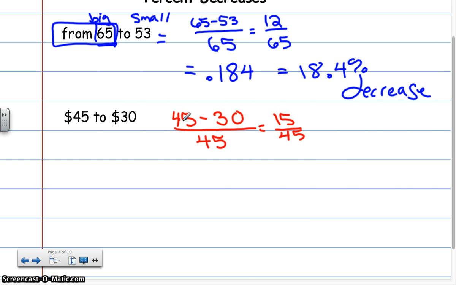In my calculator, I'm going 15 divided by 45, which is 0.333, and it keeps repeating, but I just write it to 3 spots. Turn this into a percent, and we get 33.3%. Now is it an increase or decrease? Decrease, because I went from a bigger number to a smaller number, so I am decreasing.